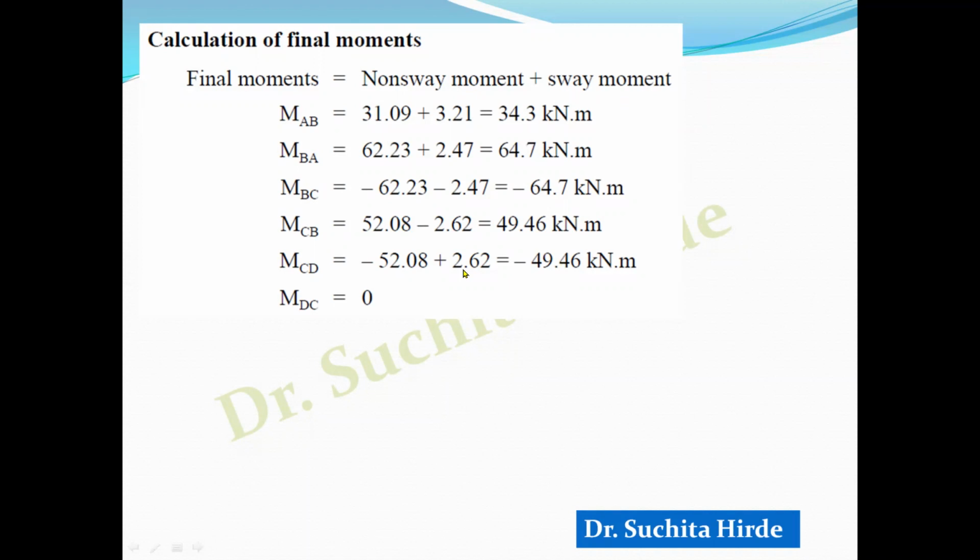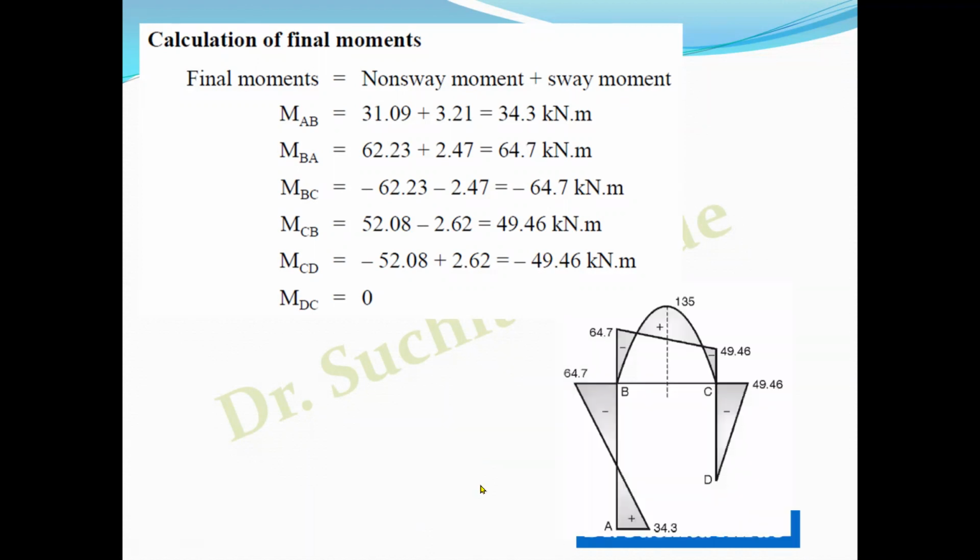So these are the values of the final moments, and after this we can draw the bending moment diagram. If you draw the bending moment diagram, you will get a shape something like this. On this you have to overlap the bending moment due to UDL, which is WL square by 8. This ordinate is WL square by 8. So finally, we will get the bending moment diagram something like this.